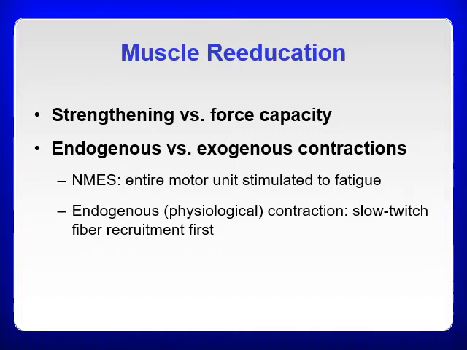So looking at muscle re-education, first we're examining the whole concept of muscle strengthening versus force capacity enhancement. For a muscle to become stronger, you have to place a load on it and get adaptation to occur. If you think about lifting weights, for instance, we lift weights because we're trying to place an overload on the muscle and increase the strength, okay?